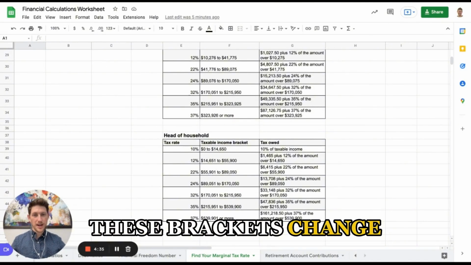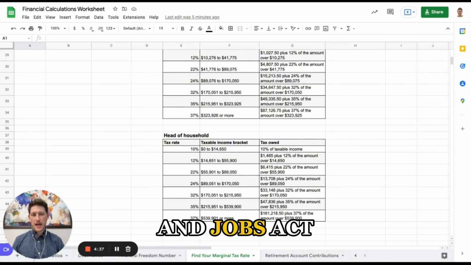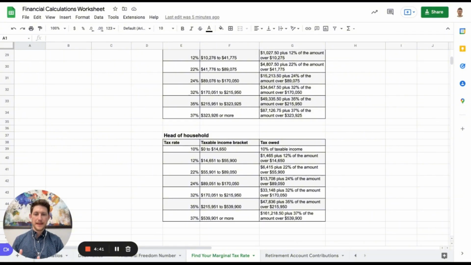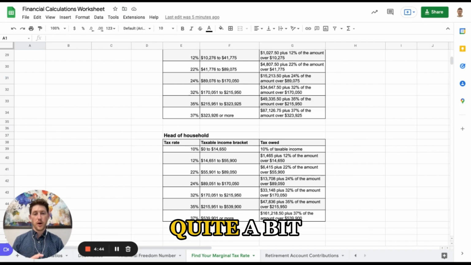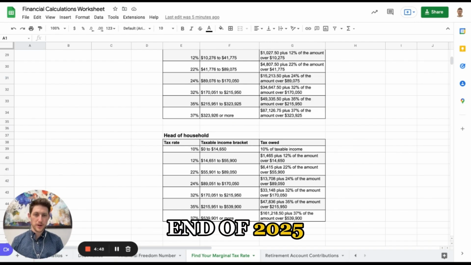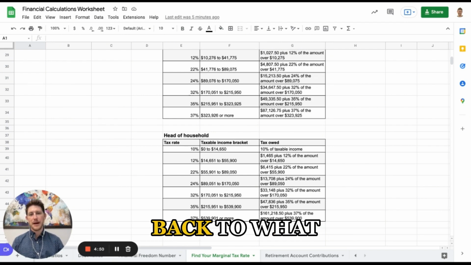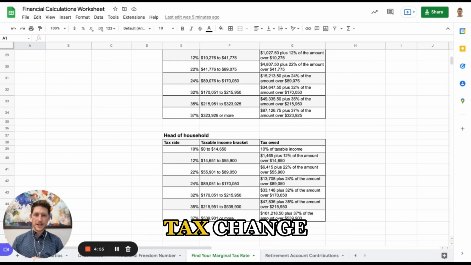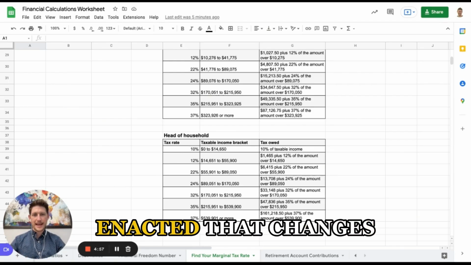Now, these brackets change from time to time. The Tax Cuts and Jobs Act of 2017, when President Trump was in office, changed things actually quite a bit, okay? But those tax changes are set to expire at the end of 2025, and they'll revert back to what they were in 2017. It was a temporary kind of tax change unless legislation is enacted that changes that.